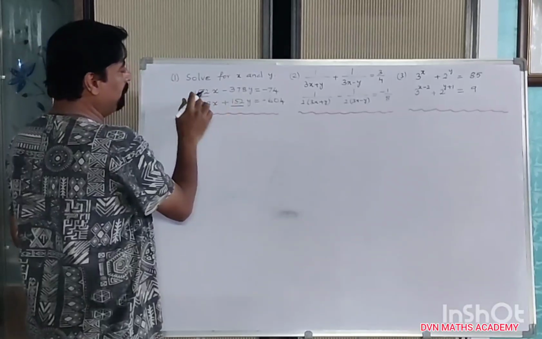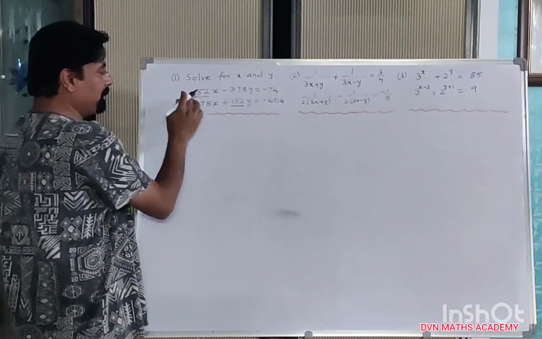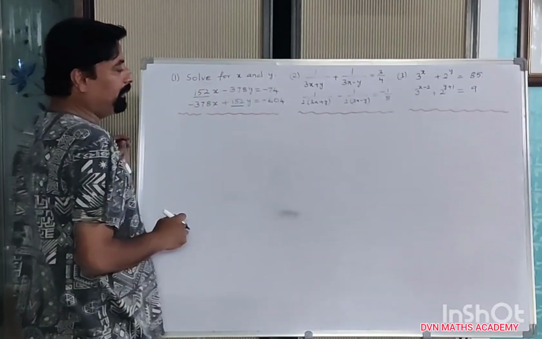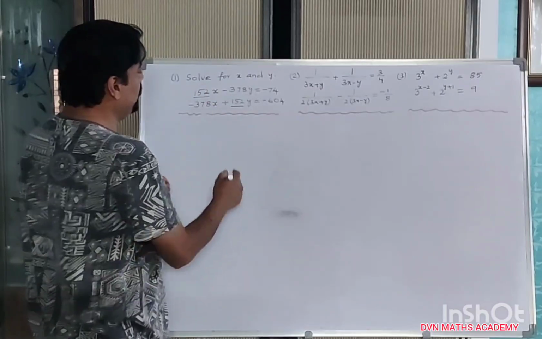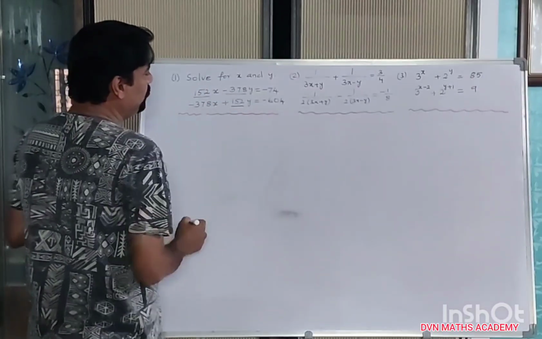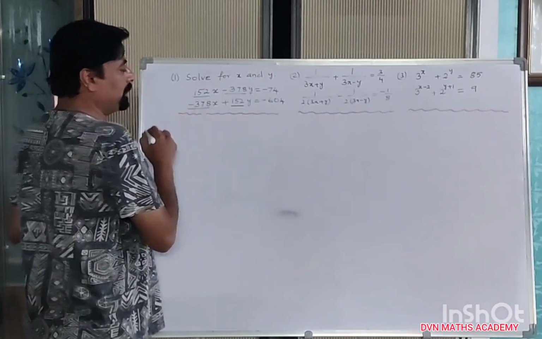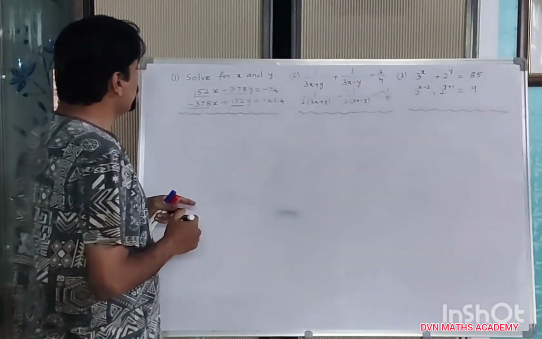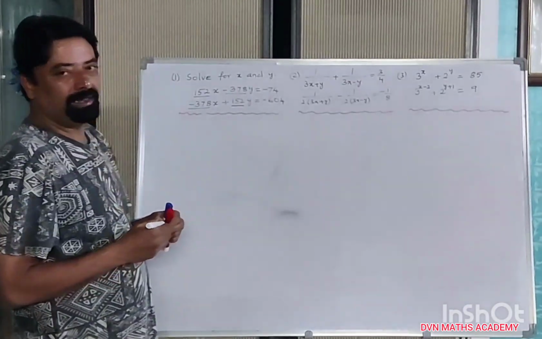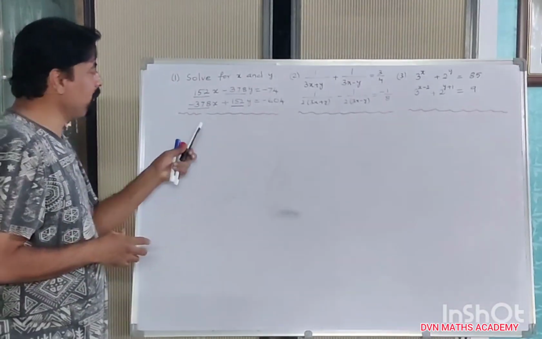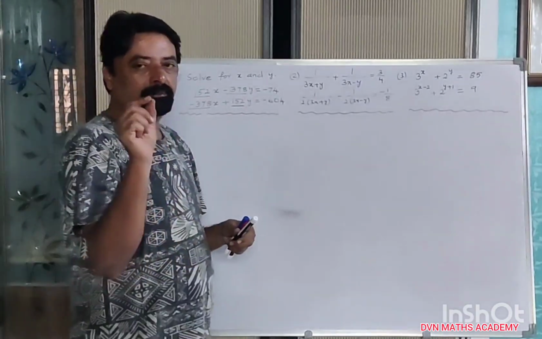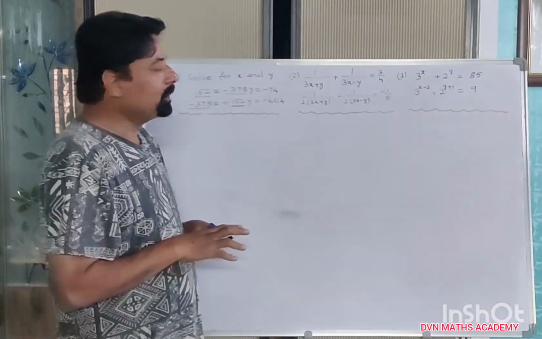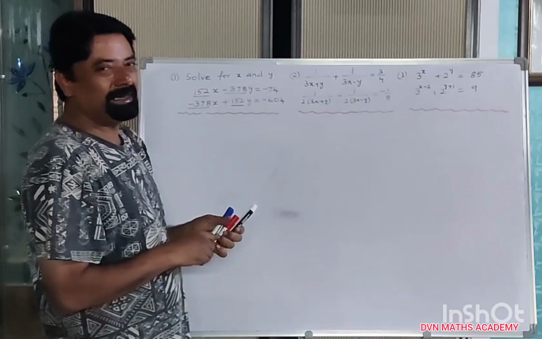Both are equal. The y coefficient in the first equation is equal to the x coefficient in the second equation. Such equations we call special equations. These special equations have a special methodology to solve them in an easy way.